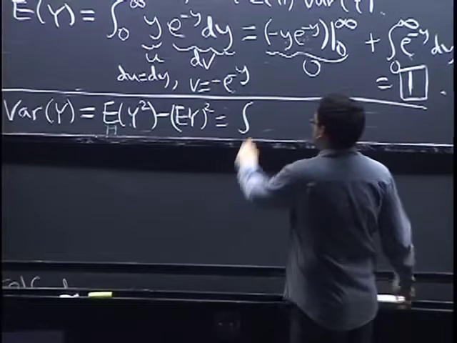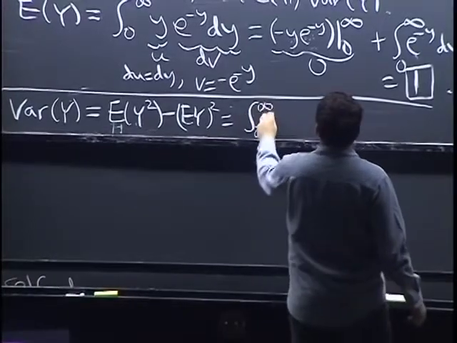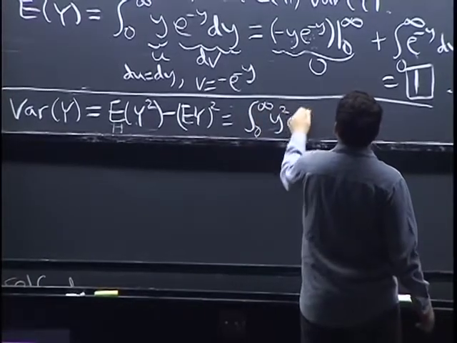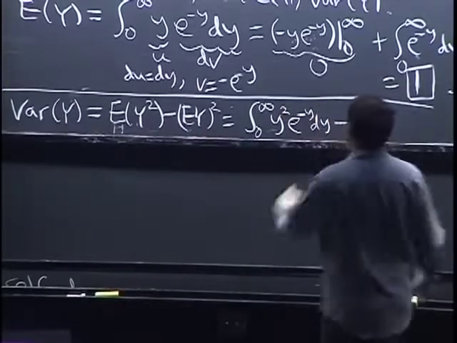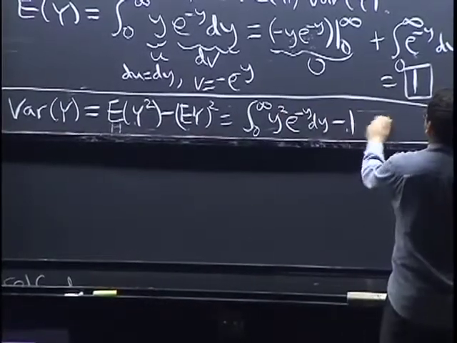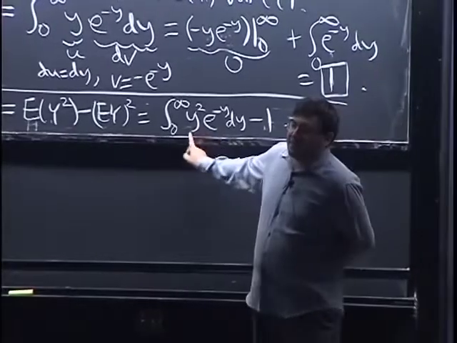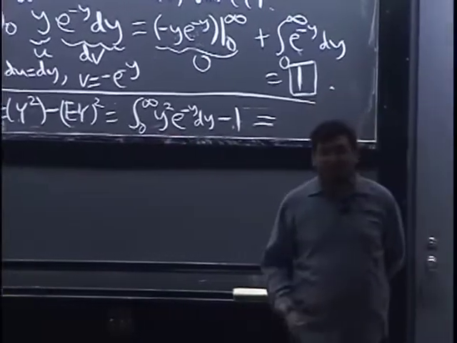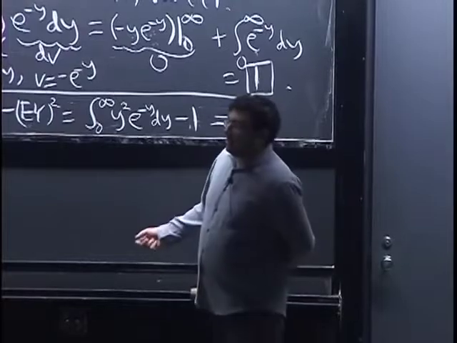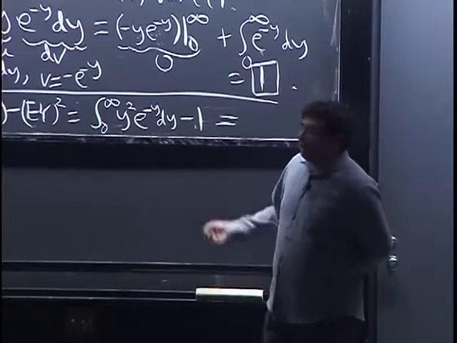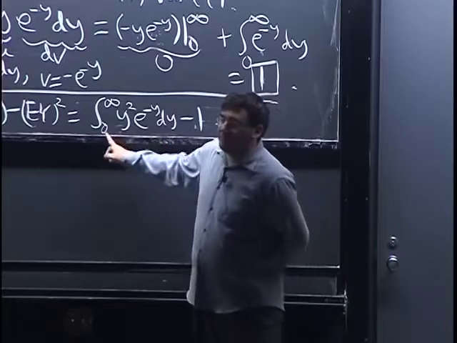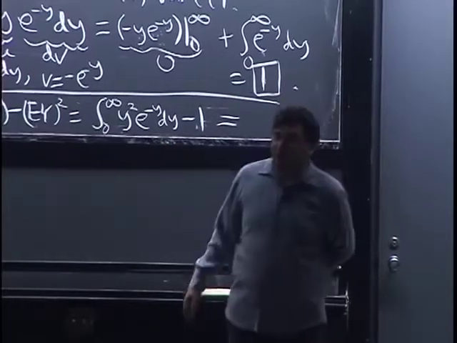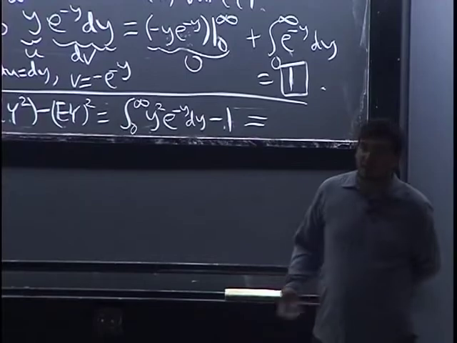By LOTUS, it's immediate that that's the integral of y squared e to the minus y dy, minus this thing we just computed as 1. Now for this integral, we have to use integration by parts again. I'm not going to write out the integration by parts again, partly because we're going to learn better ways to do this later, or we're going to actually avoid doing this and get the moments a different way.